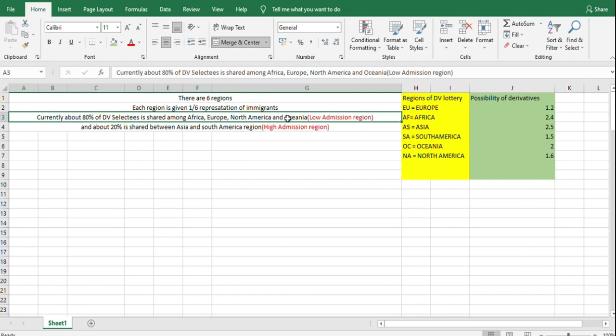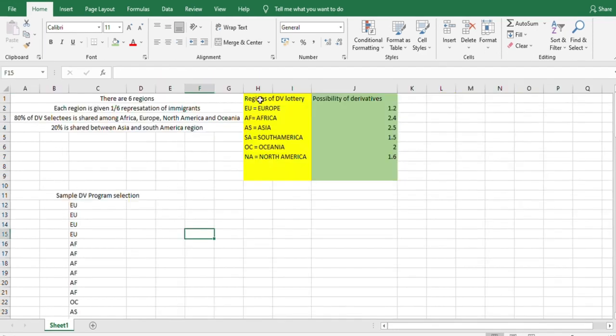Therefore, in the DV lottery program, the low admission regions will be given 80% representation of the DV lottery immigrants, while the high admission regions will be given only 20%. So they interchange.